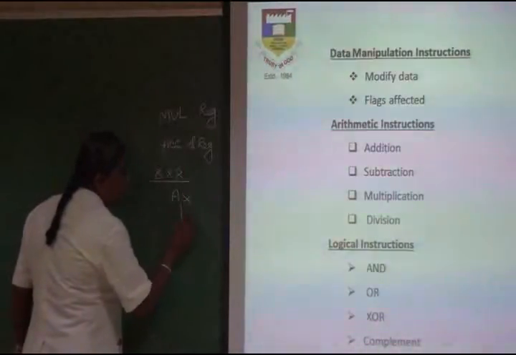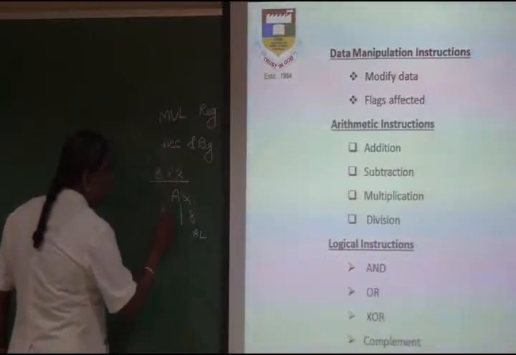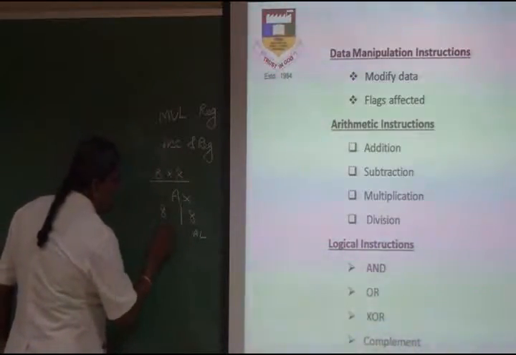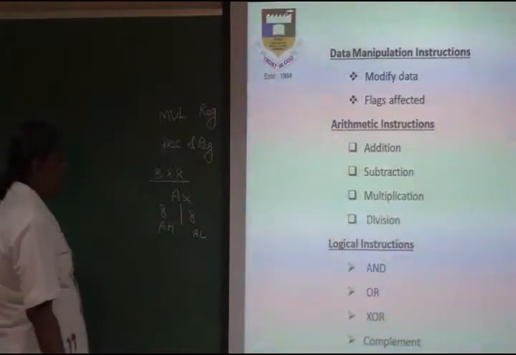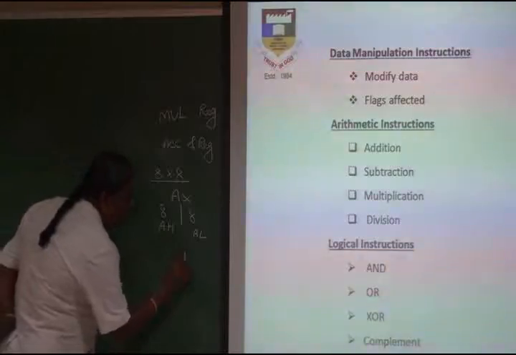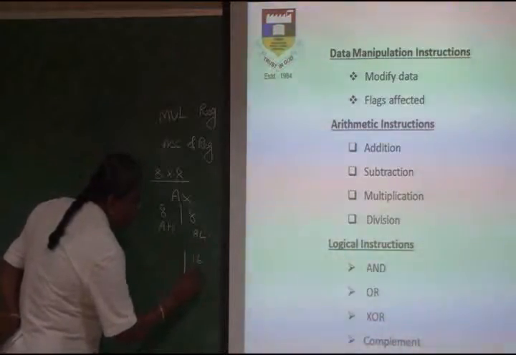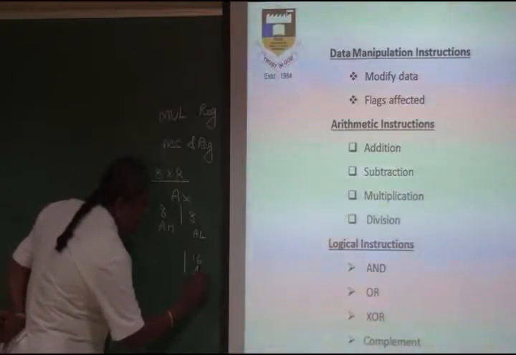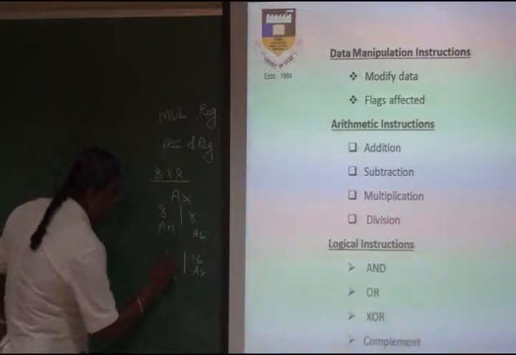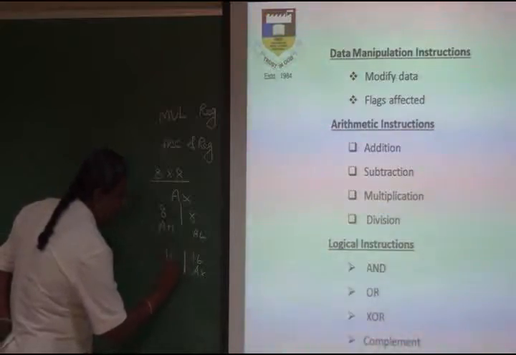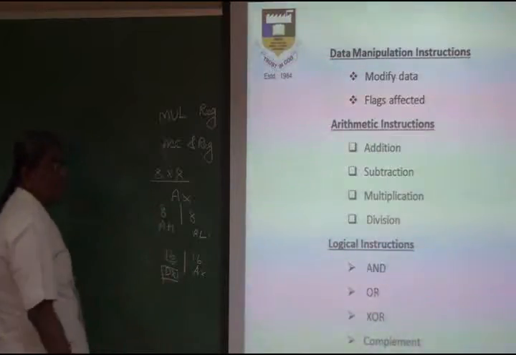That is, lower 8-bit is stored in AL register and higher 8-bit is stored in AH register. If you are using 16-bit multiplication, the lowest 16-bit product is stored in AX register and DX register will store the highest 16-bit of the product. So that is the special function of DX register.